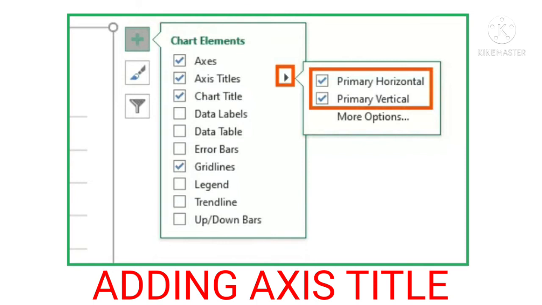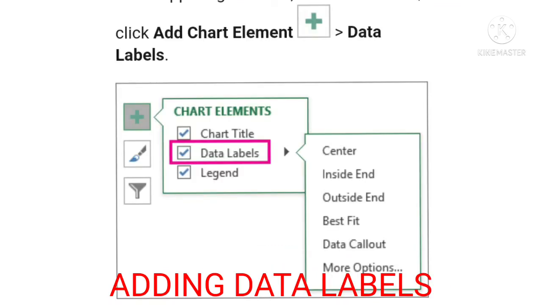When you click on these options, the title box will appear and there you can type the titles. After that click outside the chart. That's how you add axis title.